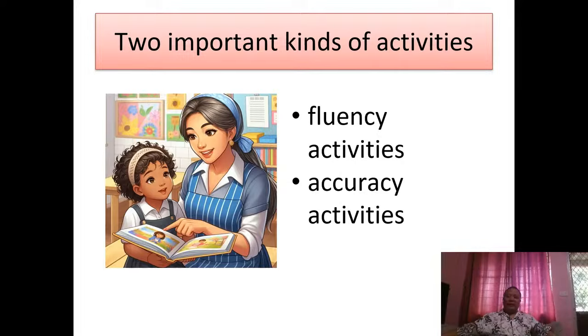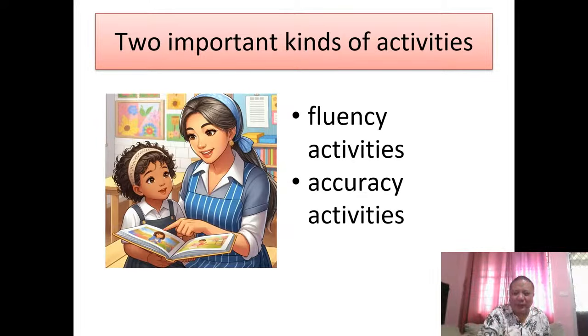So the accuracy activities look like audiolingualism activities. You need to be fluent and you need to be accurate. If you're fluent but not accurate, that could lead to a breakdown in communication. If you're accurate but not fluent, that could also result in a breakdown in communication.